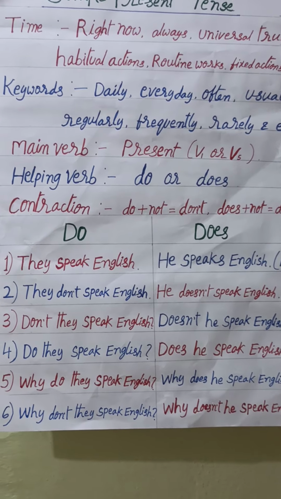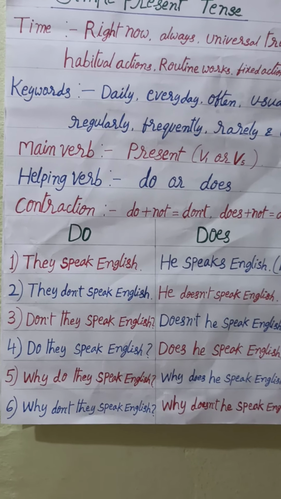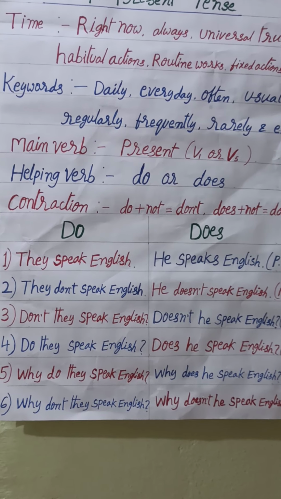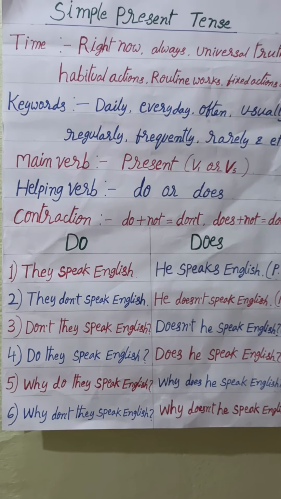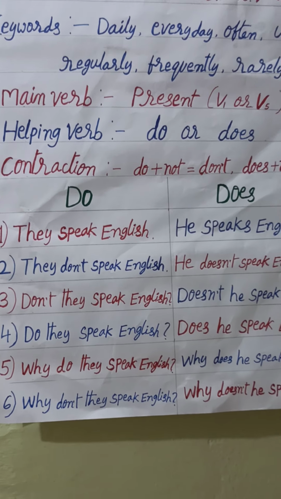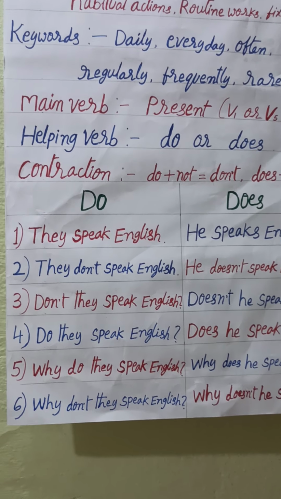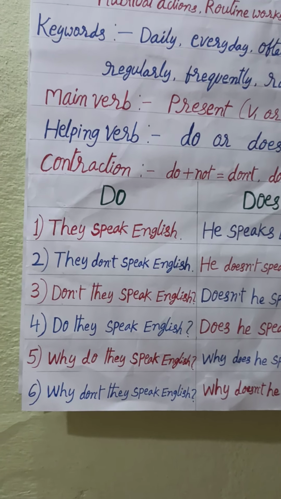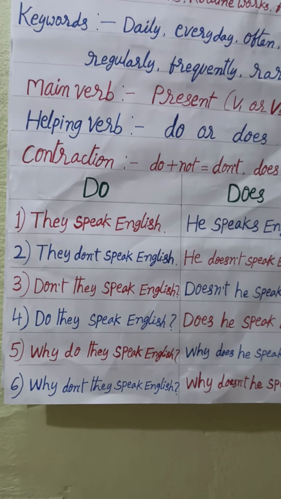Here we must learn 6 sentences. That means every sentence has 6 kinds or 6 forms.